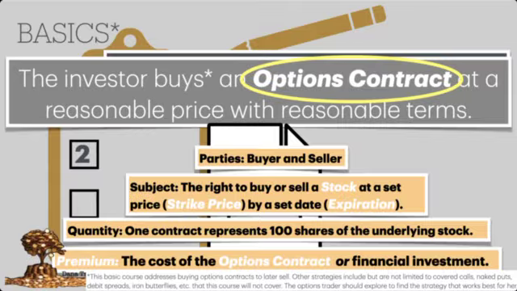As the options trader, you choose the stock, you choose the strike price, you choose the expiration date, and you can even choose how much you are willing to pay, or premium, when you buy the options contract through your brokerage. This is the level of control that you have when entering an options trade.